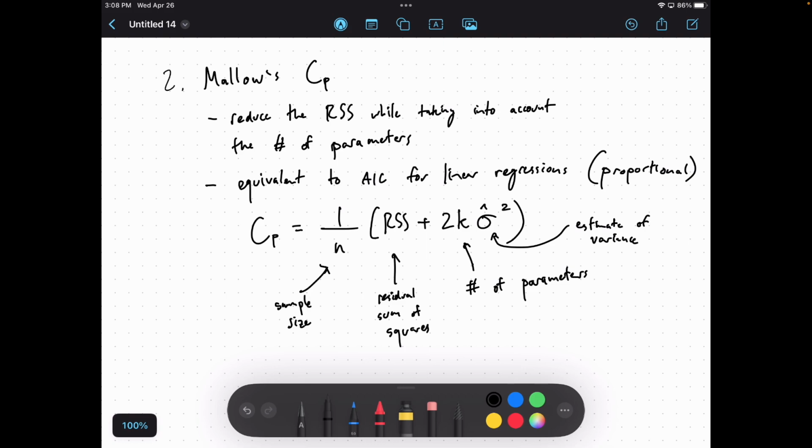But you have to balance against this, right, which is increasing your model complexity to improve your RSS is actually going to penalize you, because this term will get bigger as you add more variables into your model. Same thing, we're doing our trade-off between model complexity and number of parameters versus reducing the bias in the model.